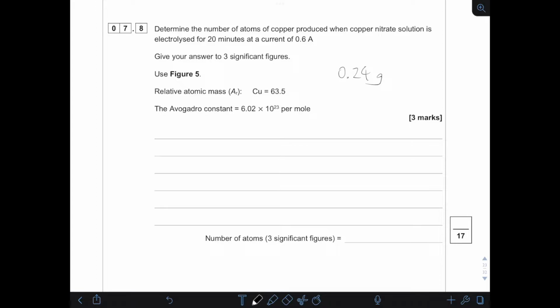So first you want to find the number of moles, because we work in moles. 0.24 divided by the Ar, atomic mass, which is 63.5. I need to grab my calculator once again.